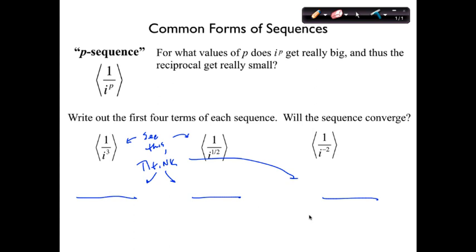What do they mean? And then based on that, we want to try to figure out for what values of p the sequence converges. So this is p equals what? What is p equal to for the first one?